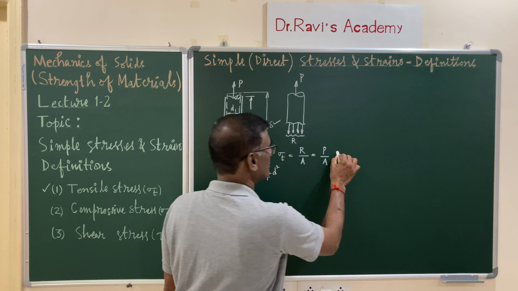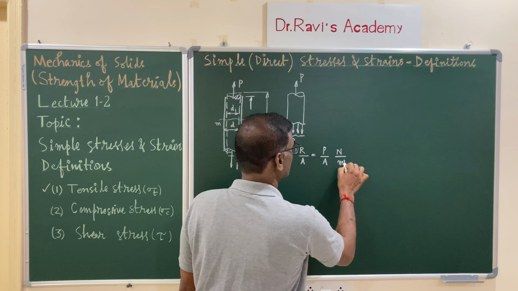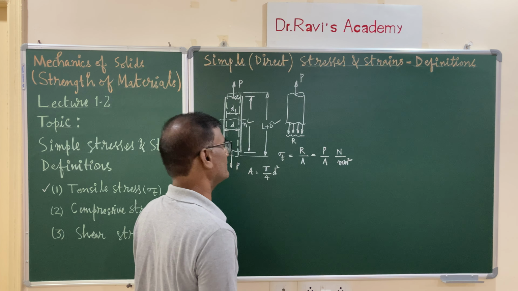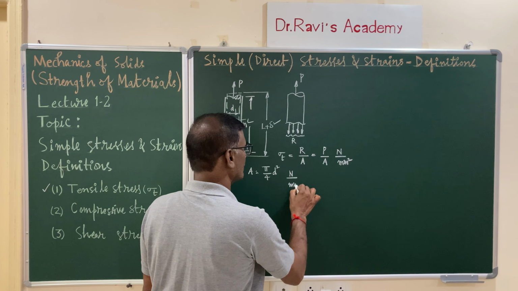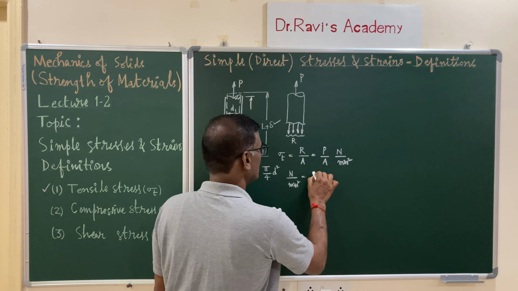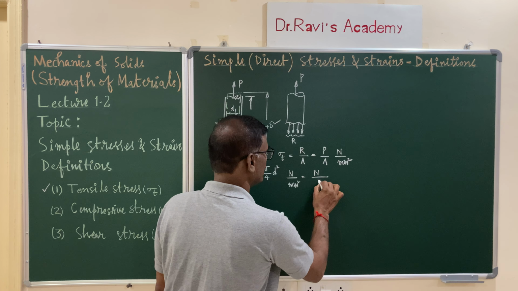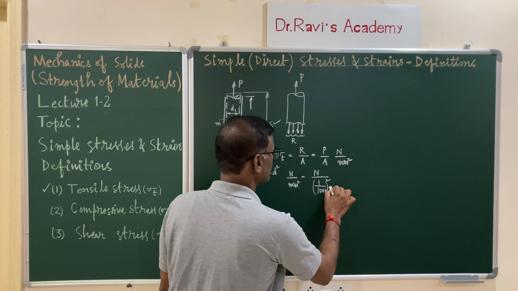The units are: forces are in Newtons, and area is usually in mm square. So you have a conversion factor for this. It is Newton per mm square. You can rewrite it by converting mm into meters, 1 by 1000 whole square, into meter square.